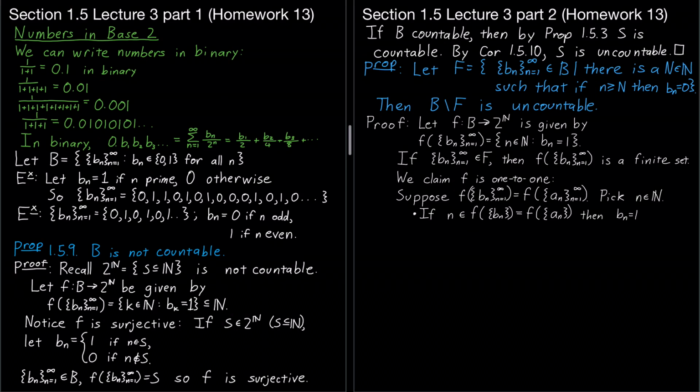That's the only way you get n in f of Bn. And An is also 1. That's the only way you get n in f of An. And exactly the same thing in reverse if n is not in f of Bn.